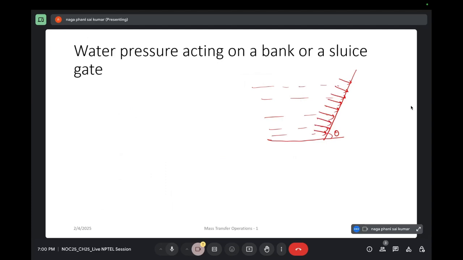So if the total pressure due to water pressure acts on the bank built at the angle of theta, then total pressure dP acting on a minute area, let's take it as dA. Let's take dP as a total pressure acting on a small area dA. Let's say this is a centroid.